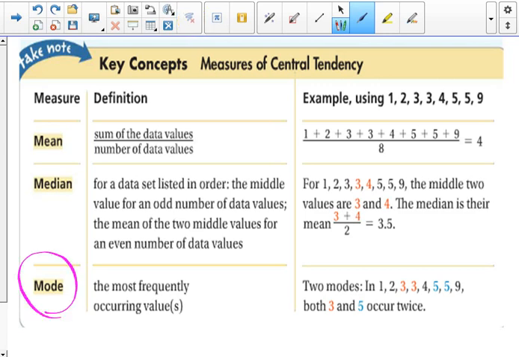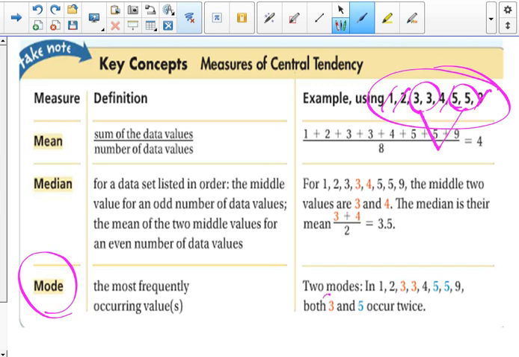And mode, our last measure of central tendency, it's the most frequently occurring value. So let's look at our data set again up here. So we only had one of those. We had 2 of these, 1 and 2 of those, and 1 of those. So it looks like we've got a tie for our mode between 3 and 5.